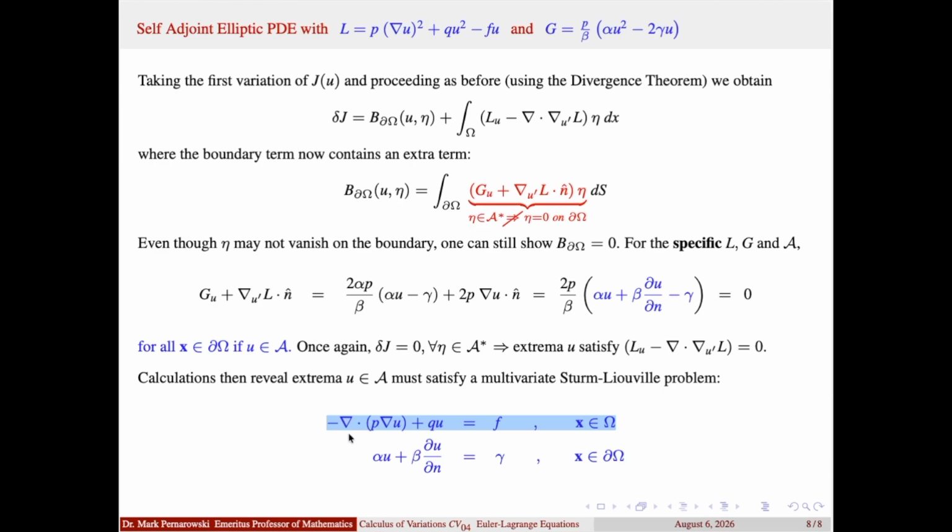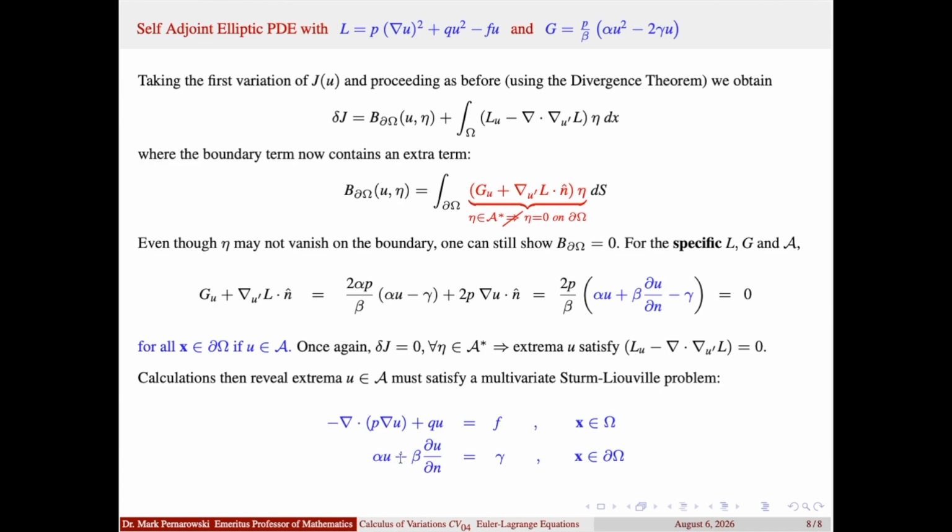It is an elliptic, self-adjoint PDE. It's a Sturm-Liouville type. It's got a function p in there, a divergence here, plus qu is equal to f. And I've added the boundary conditions here. So those of you who are savvy with elliptic boundary value problems, this is an elliptic boundary value problem.